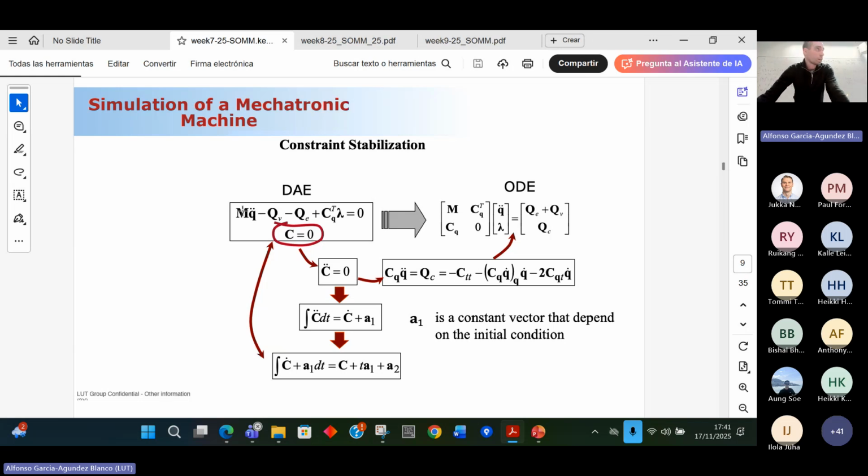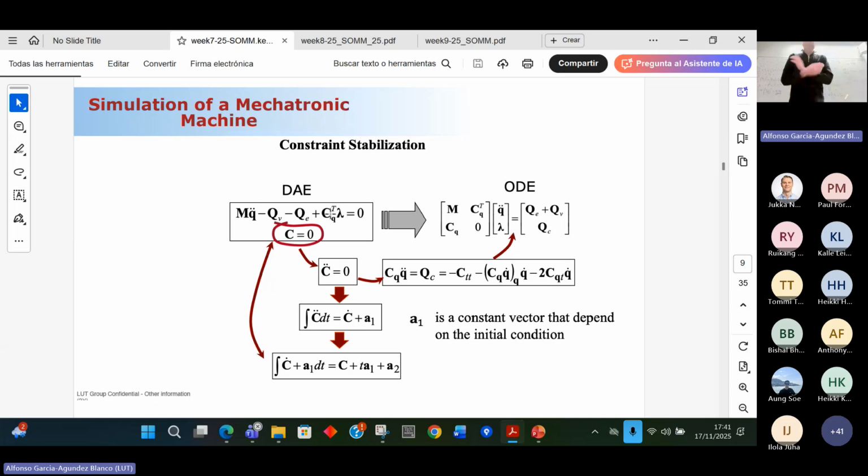So this is the inertia term, okay? This other term is the quadratic velocity force vector, okay? And you account for there the centrifugal forces, okay? This Qe represents the external forces, and somebody remembers this term that is Cq transpose times lambda.